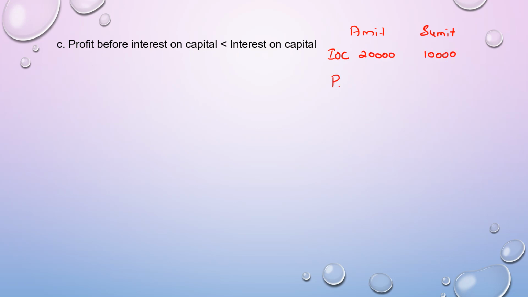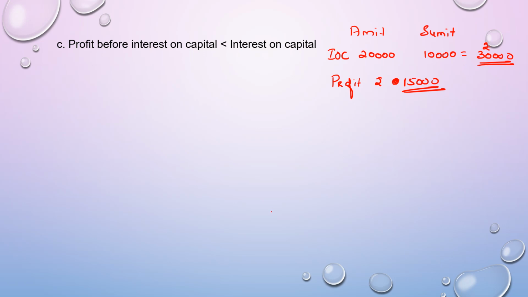Now suppose the profit for the year is say rupees 15,000. Now you know the total interest on capital that they are entitled to is rupees 30,000. But you have profit for only 15. So your profit before interest 15,000 is lesser than the interest on capital as has been agreed at the rate of 10%. So now in this situation, how will you distribute?